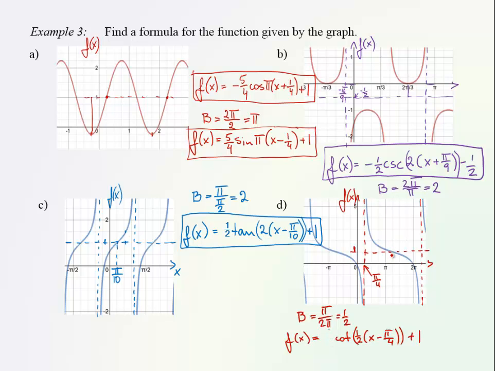If we look at half away, what is this value? If this is 1, that's 2, therefore this must be 1/2. So it's 1/2 cotangent of 1/2 x minus pi quarter, and outside plus 1. Final answer. So I hope you had enough of examples. Now you need to start practicing on your own.